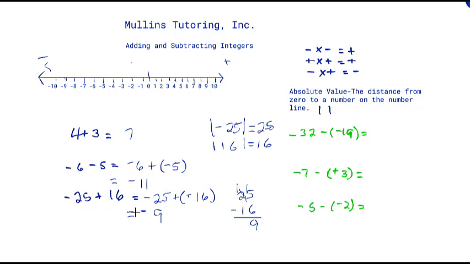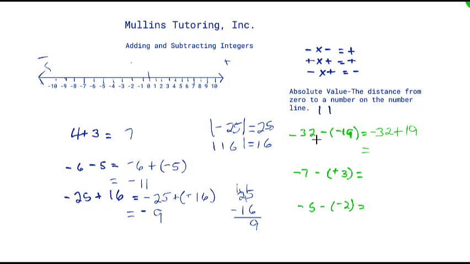So just like we did with addition, what we're going to do is we have negative 32 and then negative times a negative is going to be plus 19.